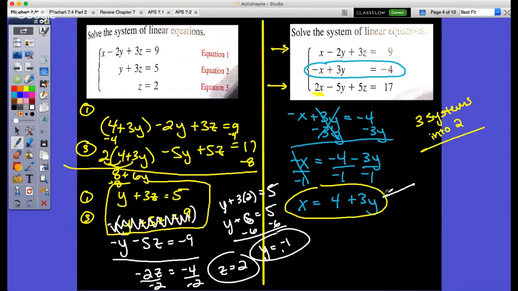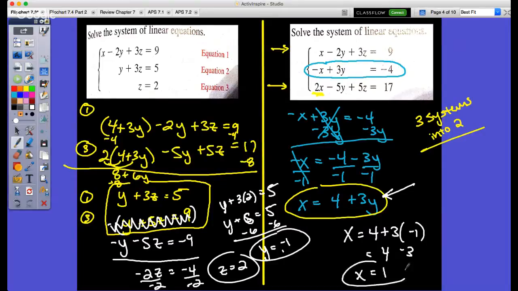Because I've already got this equation up here, I would say x equals 4 plus 3 times -1. So 3 times -1 is -3. 4 minus 3 is x equals 1. And that's how I would find the 3 different values. But it all starts by creating 2 equations from what was originally 3.